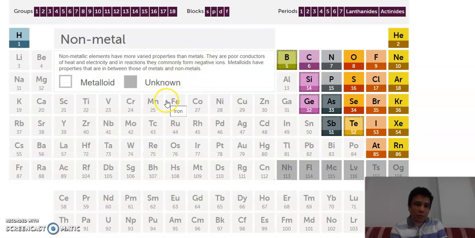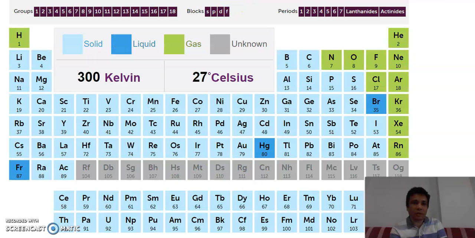Now I can show which elements are solid at ordinary temperature and which are liquid, because room temperature is usually 25 degrees centigrade. At 25 degrees centigrade, we can see the only liquids are bromine and mercury, and francium perhaps, at room temperature. Mercury is the only metal which is liquid at room temperature.